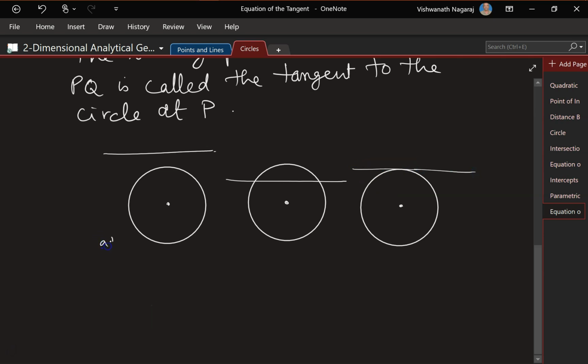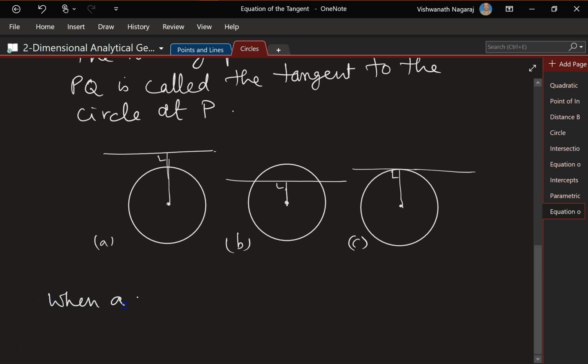So let's say this is A, this is B, and this is C. Now if we draw a perpendicular from the line to the center, so these are perpendiculars. These are the only 3 possibilities.